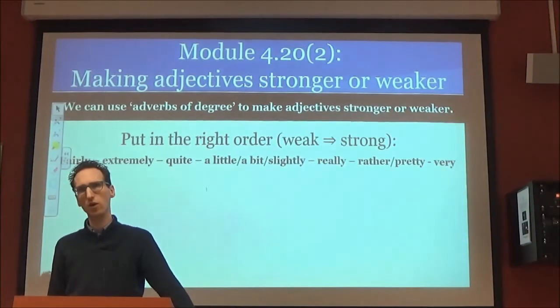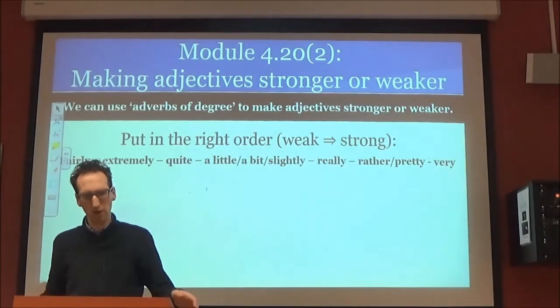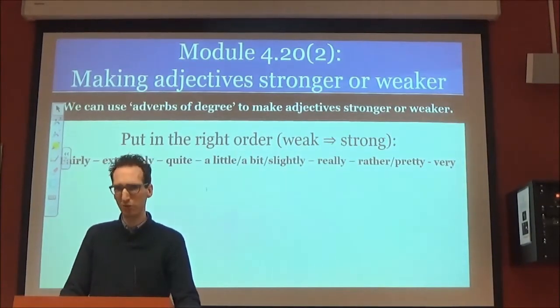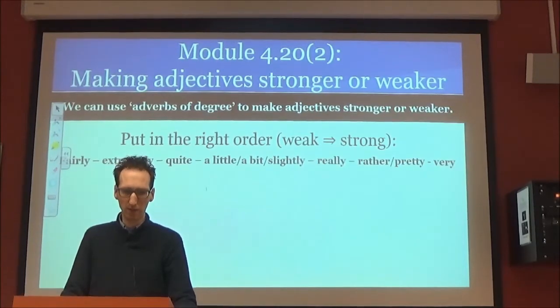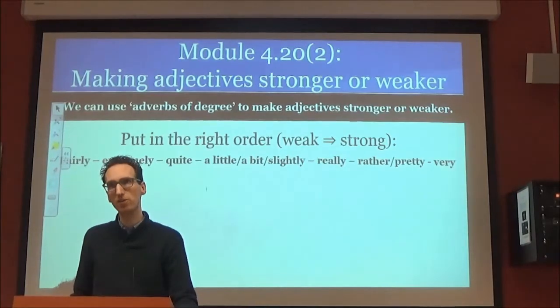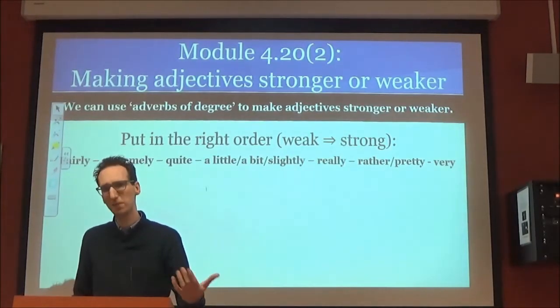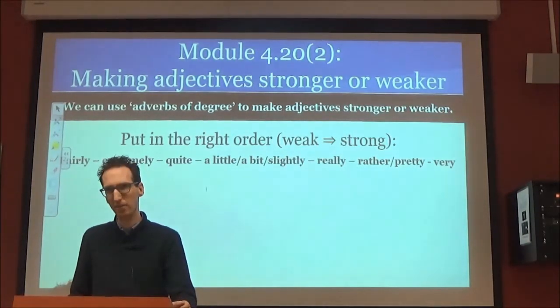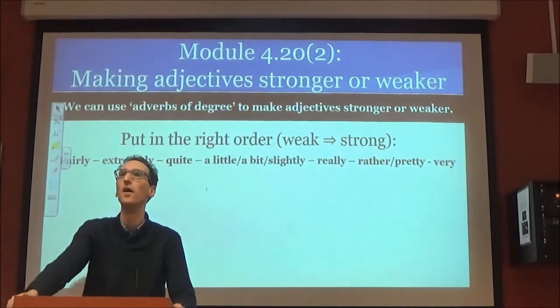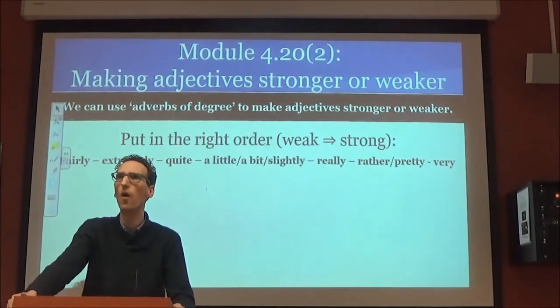Yeah? So here are adverbs of degree. Put them in the right order. So when does the balloon become bigger? Right? Extremely big, obviously, is bigger than quite big. What is stronger than others? Yeah? In a sentence, with quite, you use the determiner after quite.